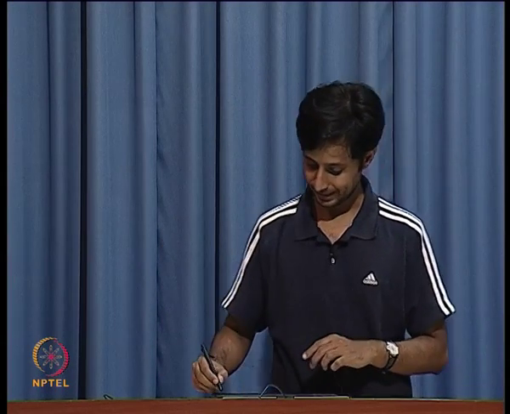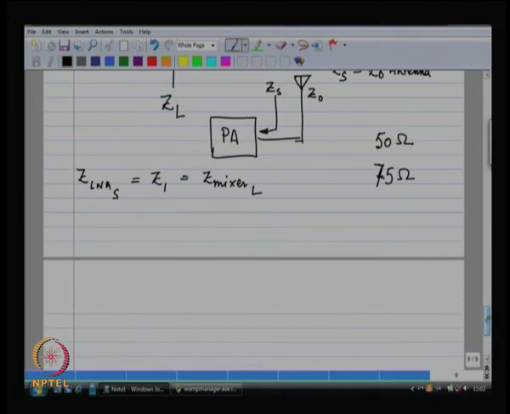So, there exists a characteristic impedance at which air has maximum power handling capacity. There exists another characteristic impedance at which air has the lowest loss. So, an optimization between these two has led to this number 50 ohms. I know I am not being very clear over here, but hopefully as the course progresses we will be able to find out more about these numbers.